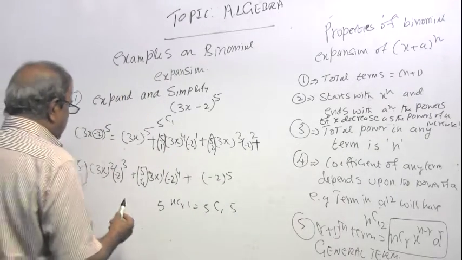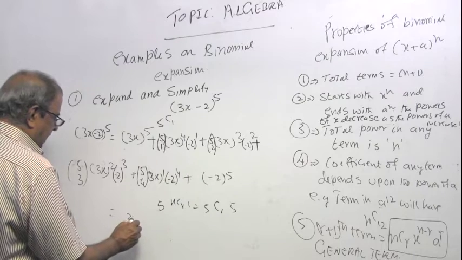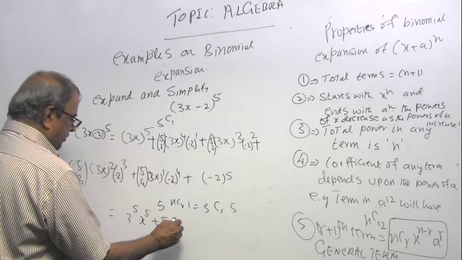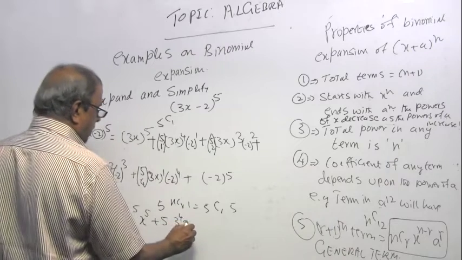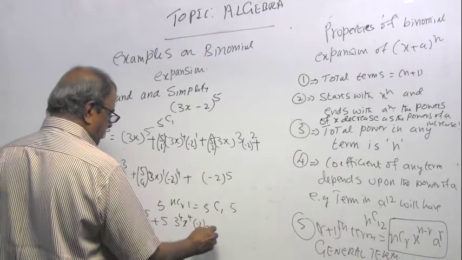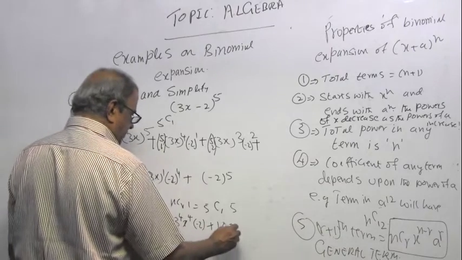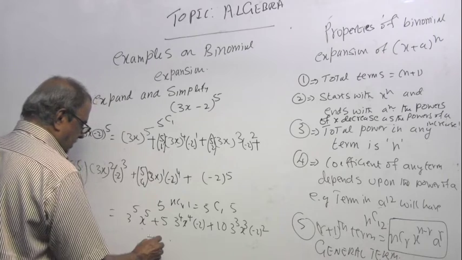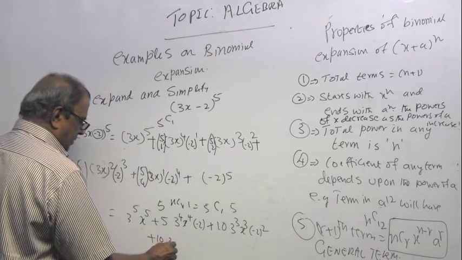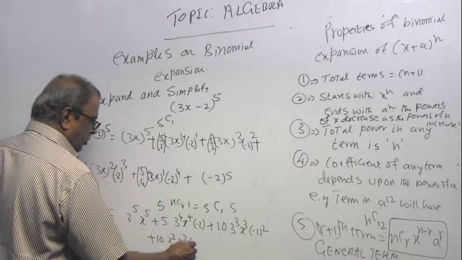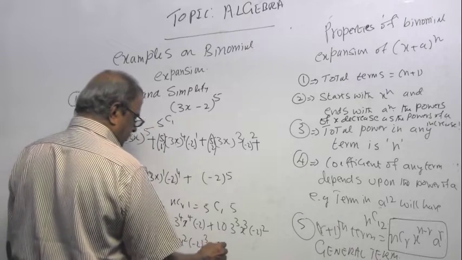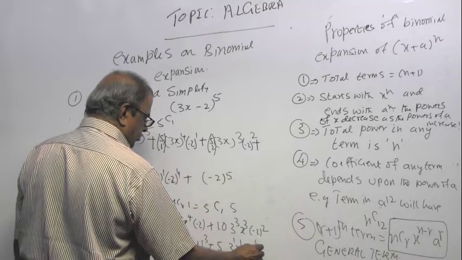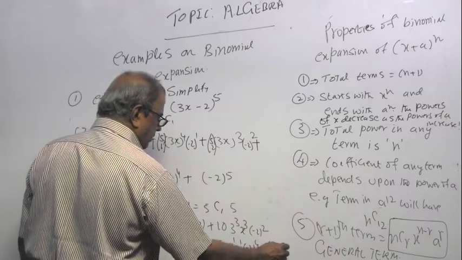So therefore, I rewrite this as 3 power 5 x power 5 plus 5 times 3 power 4 x power 4 times minus 2 plus 10 times 3 power 3 x power 3 times minus 2 squared plus 10 times 3 power 2 x power 2 times minus 2 cube plus 5 times 3 power 1 x power 1 times minus 2 power 4 plus minus 2 power 5.